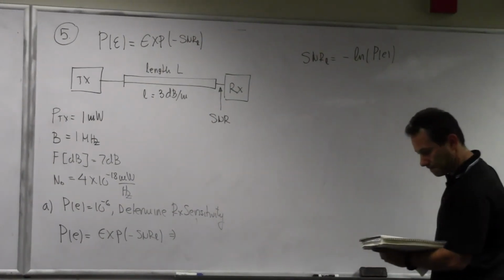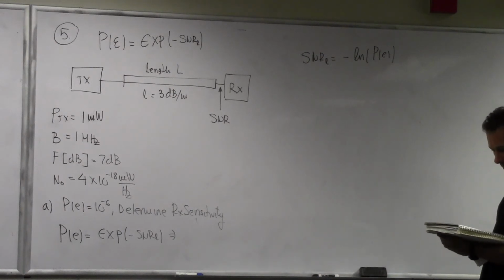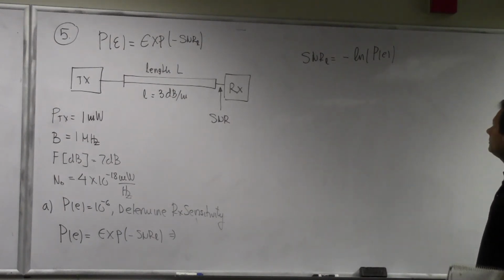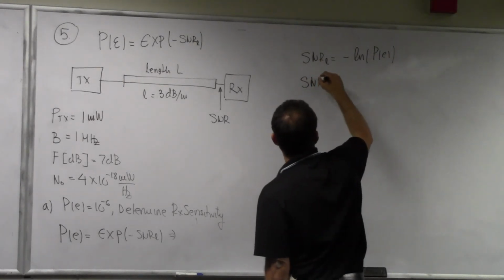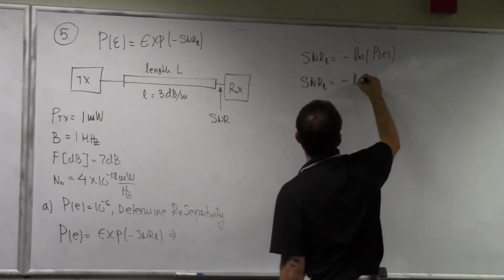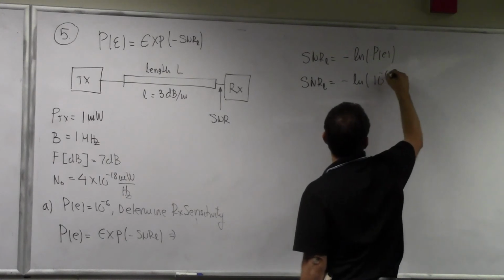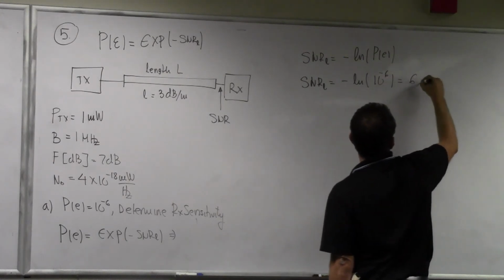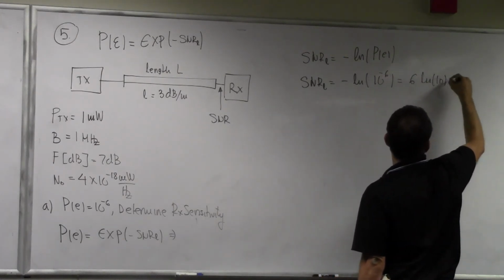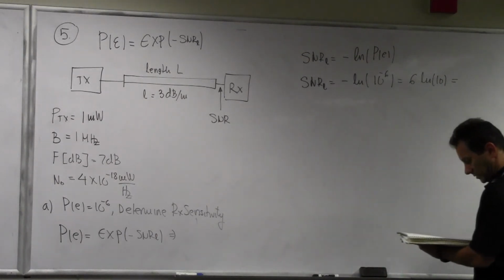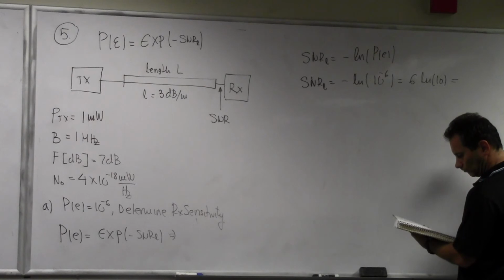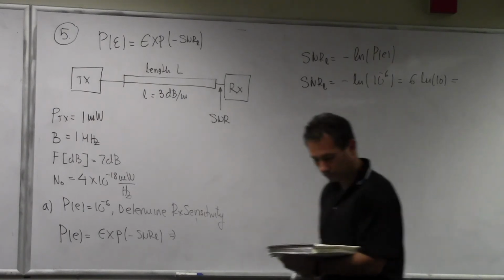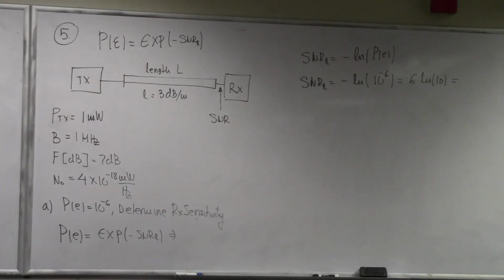In our case here, signal to noise ratio linear needs to be minus ln 10 to the minus 6, which is 6 ln of 10, which gives me a value of 13.8. 13.8 in linear, right?